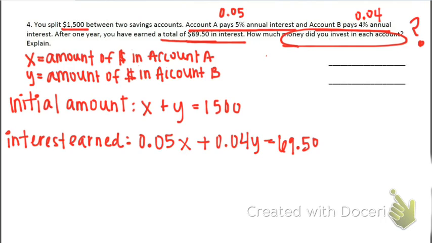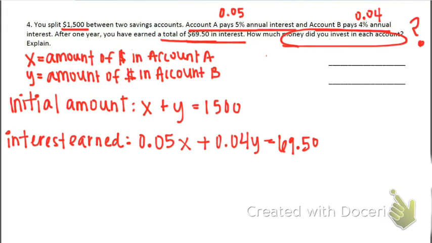I'm even going to help you guys with which method I would use. Looking at this second equation, there is not a variable that seems really easy to solve for, right? But look at your first equation, the initial amount, x plus y equals 1,500. Can you easily solve for one of those variables? What do you guys want to solve for, x or y?